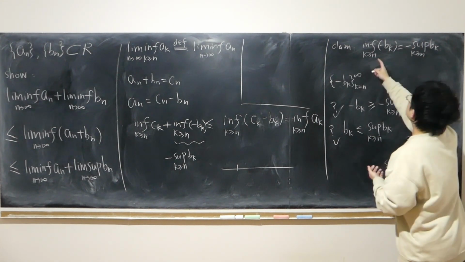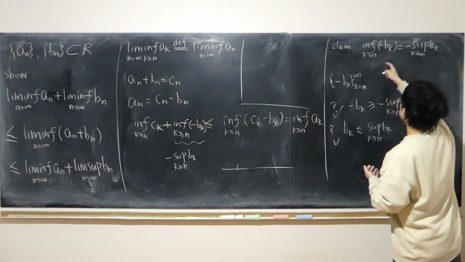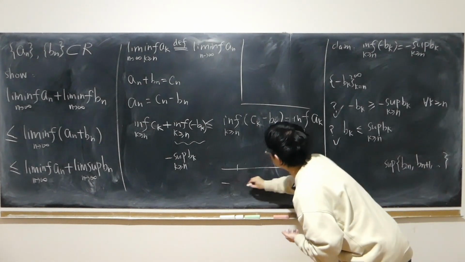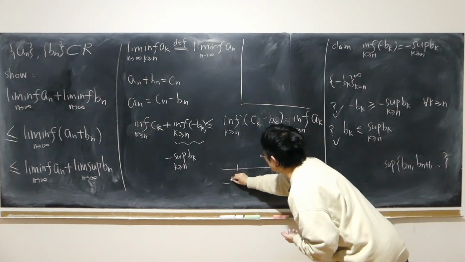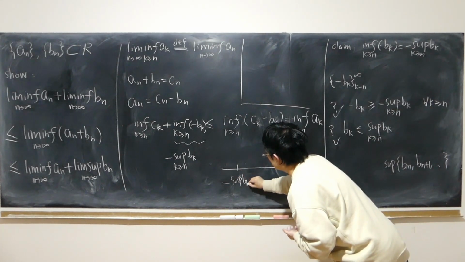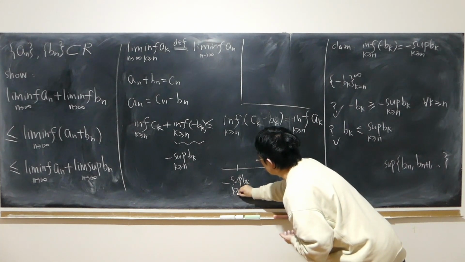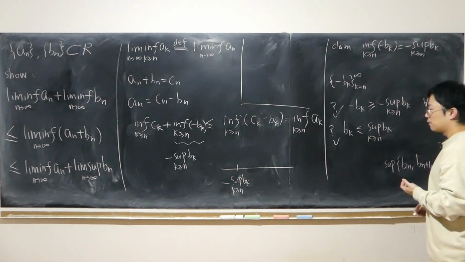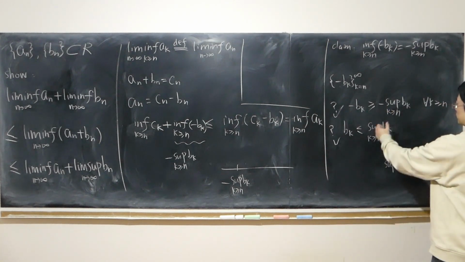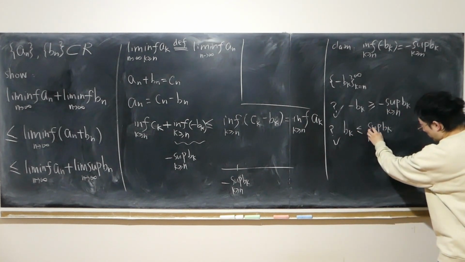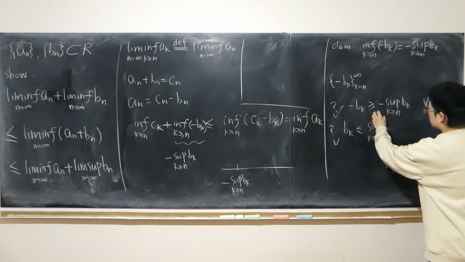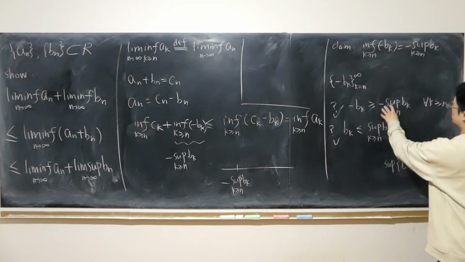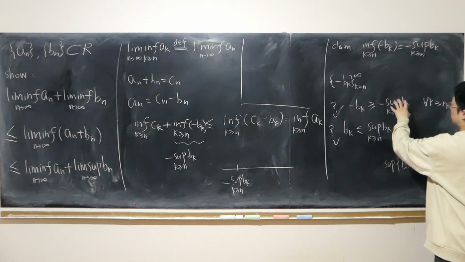So the infimum of, so here, negative supremum Bk, already a constant. We've shown it is a lower bound. Right? So this is a lower bound.